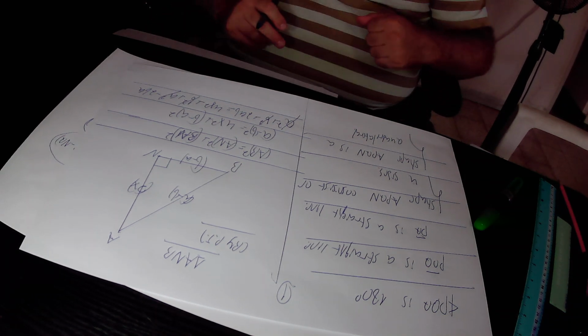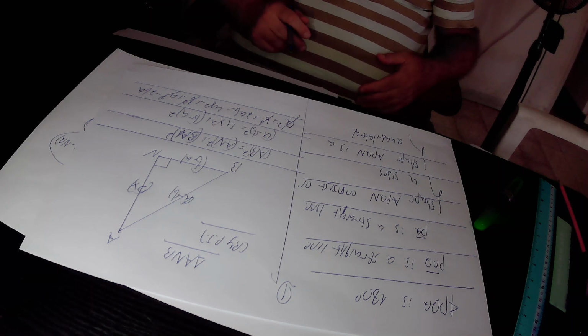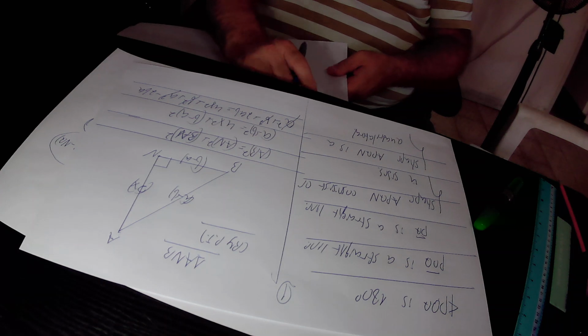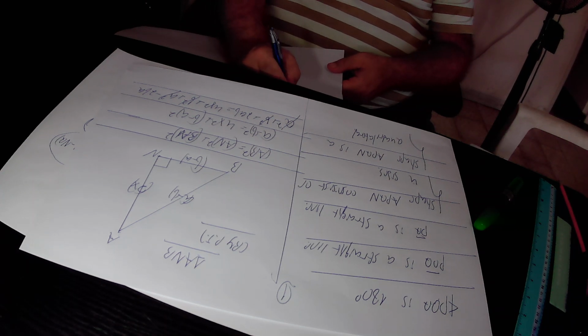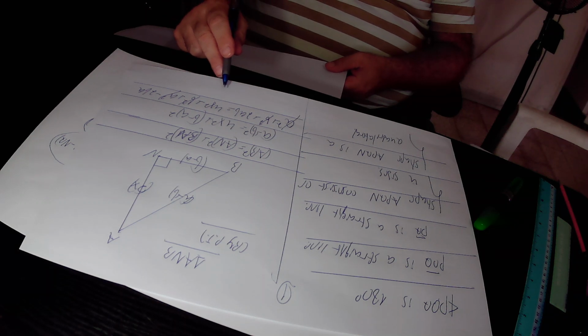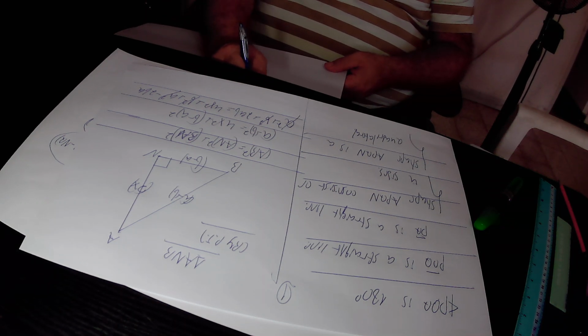After we cancel those two expressions, on this side of the equation we are left only with 2AB. On the other side of this equation we are left only with 4x squared minus 2BA.